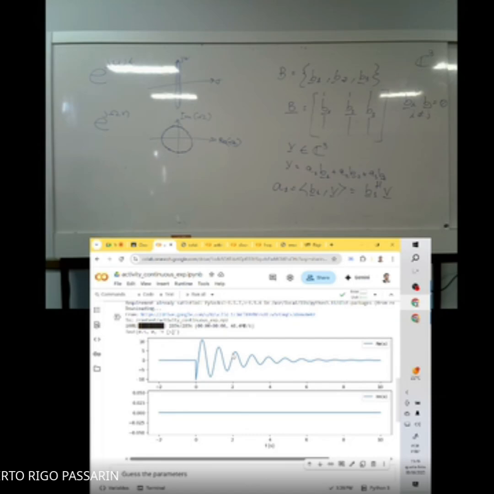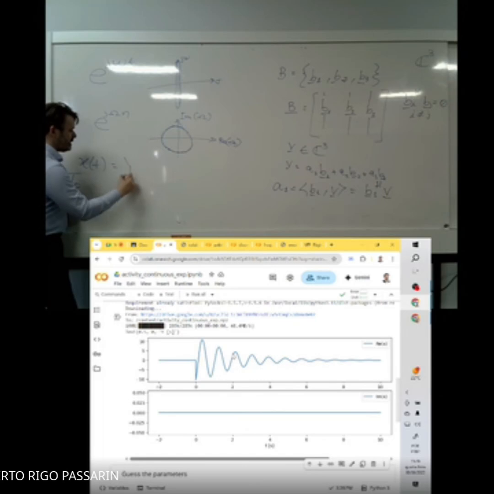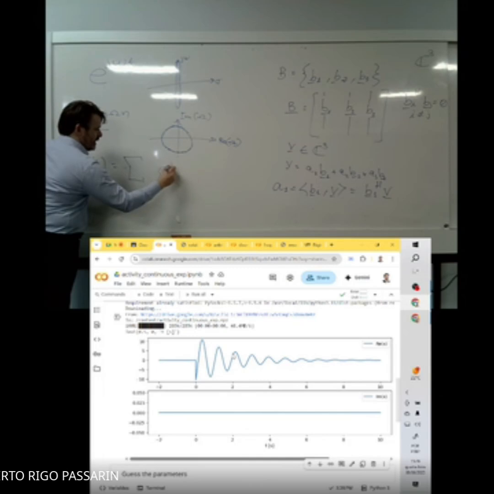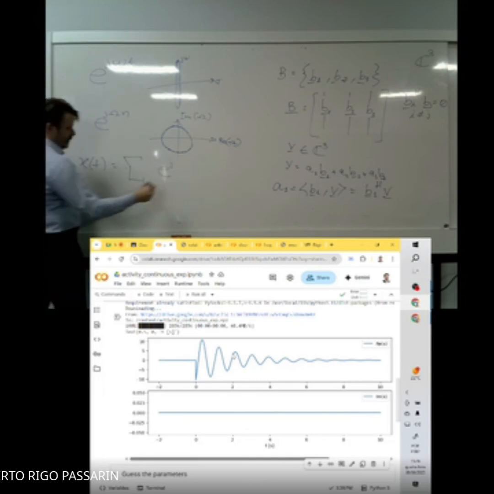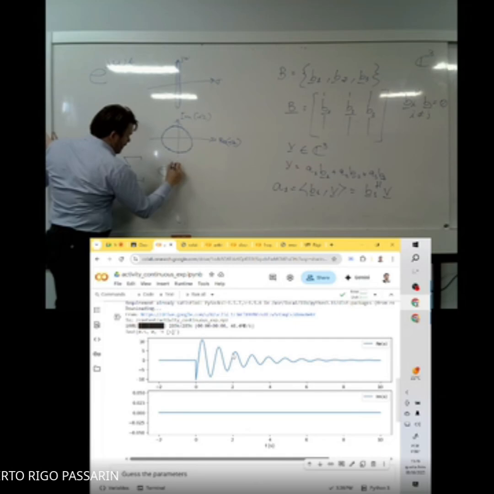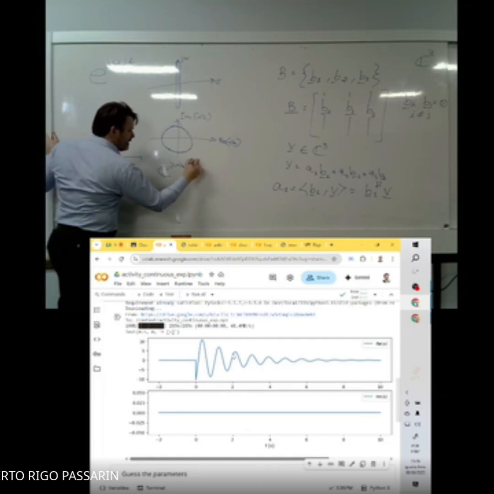In 2 weeks, we'll be studying Fourier series and Fourier transforms. And we will see that any periodical signal x of t with a period T0 can be decomposed, can be represented as exponentials with this same period. So with omega 0 times n t.